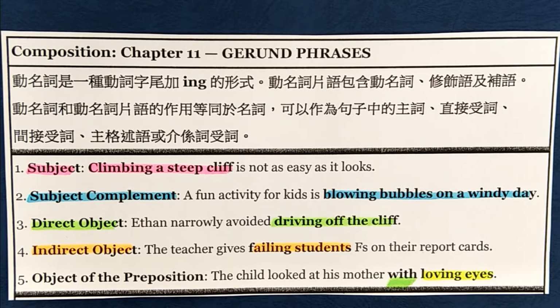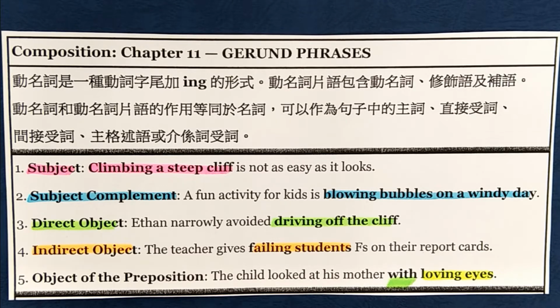Okay, let's look at some examples of a gerund being used as a noun. Number 1. Remember, a gerund can be a subject. Climbing a steep cliff is not as easy as it looks. Climbing a steep cliff is the subject. Number 2, a gerund can be a subject complement.